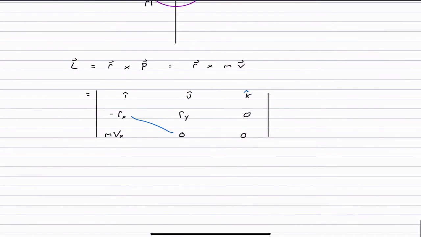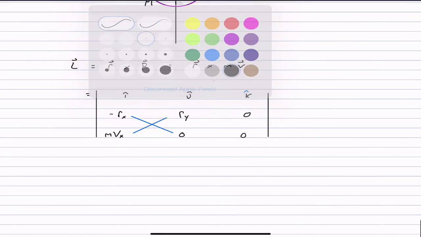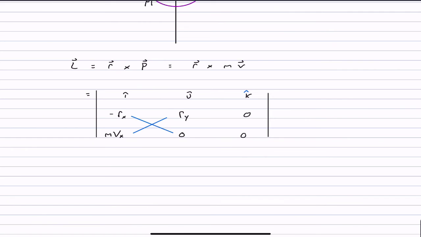This is 0, so there's nothing with regard to that component. And then we have this component here, so that's going to give us minus m times vx times ry, all in the k hat direction, recall. This is 0. So final answer, negative m vx ry k hat direction.